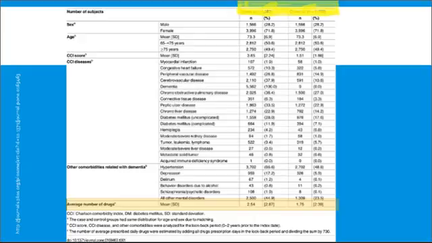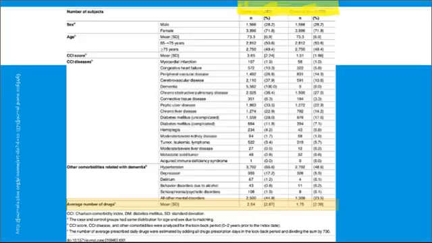Again, in this table we don't see any p-values or indication as to what is statistically significantly different or not. They could have done that with this table and had an asterisk or something.